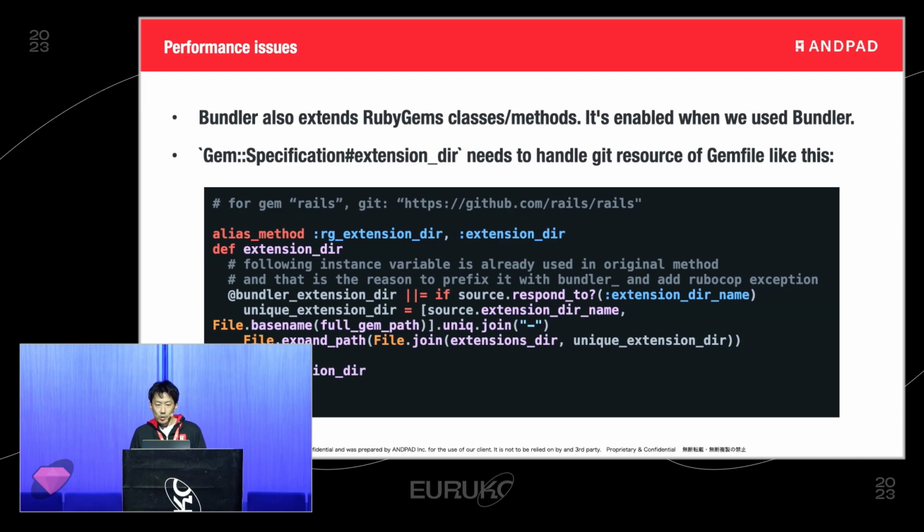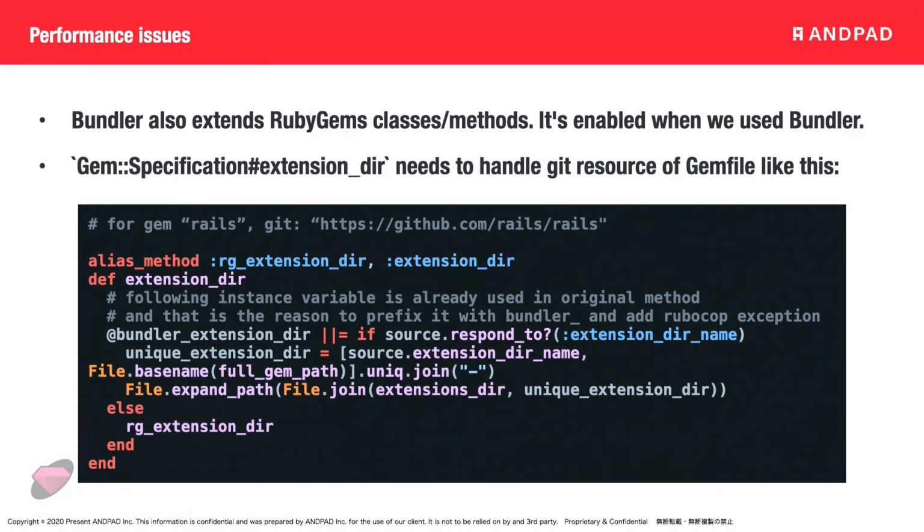For example, the extension dir method points to the directory of the C extension library in the gem specification class. But Bundler needs to find the Git repositories declared in the Gemfile, like the top of the syntax. So Bundler needs to extend RubyGems and Ruby's original methods.